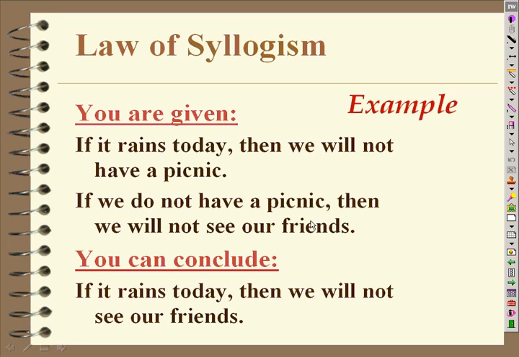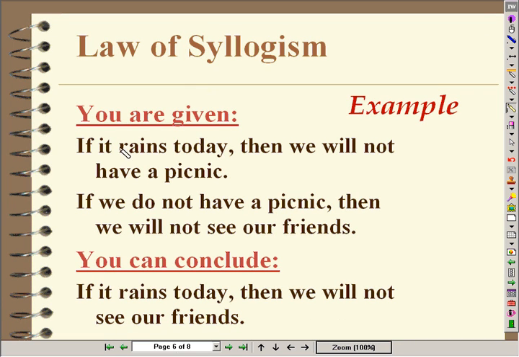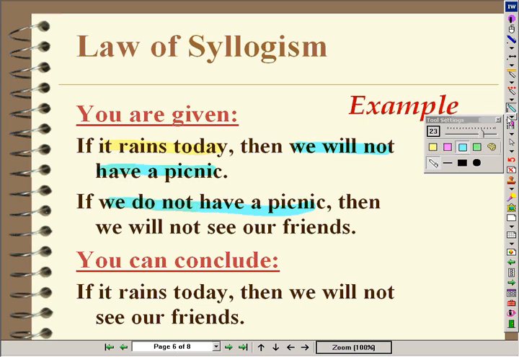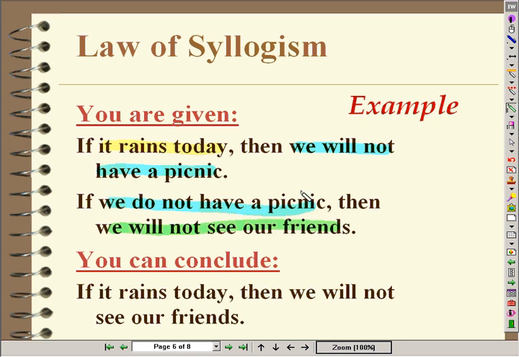But the next sentence, if we do not have a picnic, we will not see our friends. So an example. It rains today is a statement that led to we will not have a picnic. But then that hypothesis, we will not have a picnic, leads us to another idea. We will not see our friends.